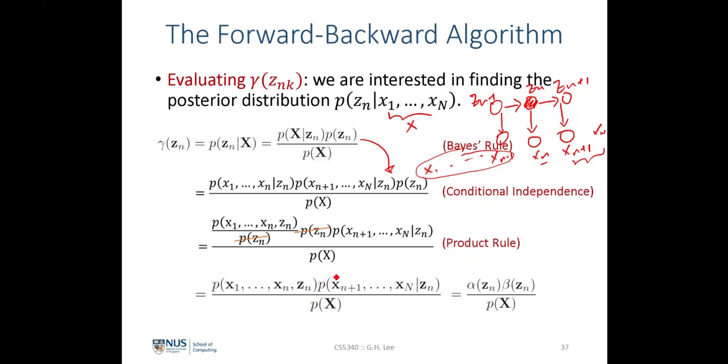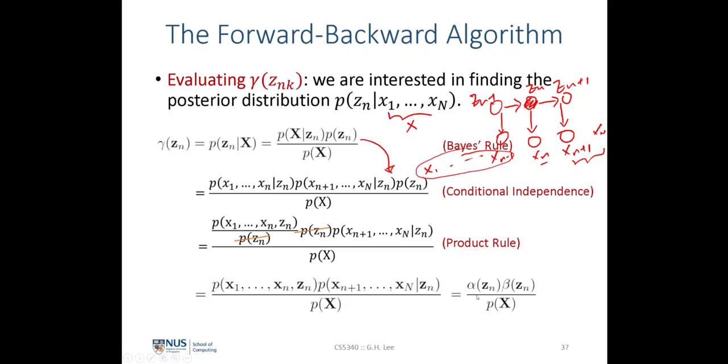rewrite in terms of alpha of zn, which represents the joint distribution of x1 to xn and zn, multiplied by beta zn, where beta zn is defined as the conditional probability of xn plus 1 to capital XN conditioned upon zn.